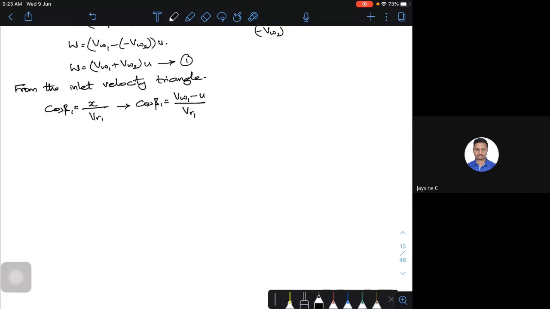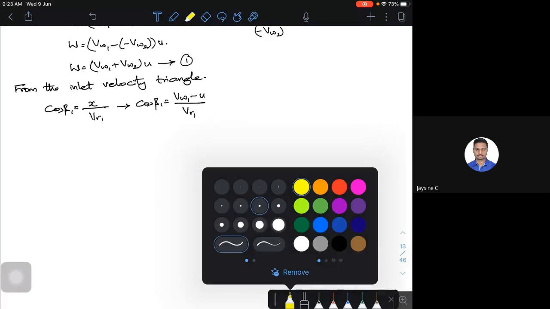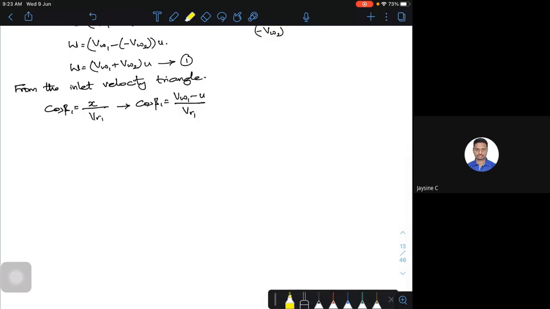Just simplify this expression with a little bit of cross multiplication. VW1 is equal to U plus VR1 into cos beta 1. Let me call that equation 2.